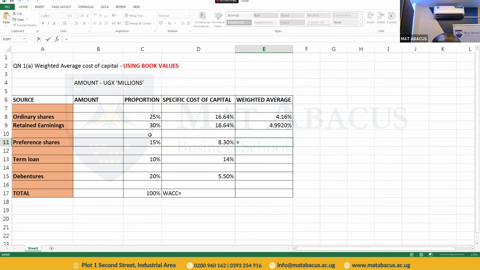You continue doing for preference the proportion, you multiply it by the cost, and therefore WACC is the sum, the total of those figures.